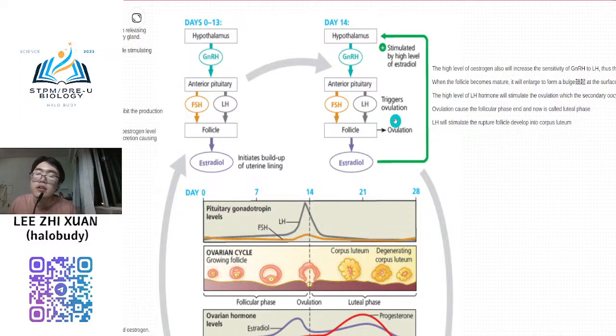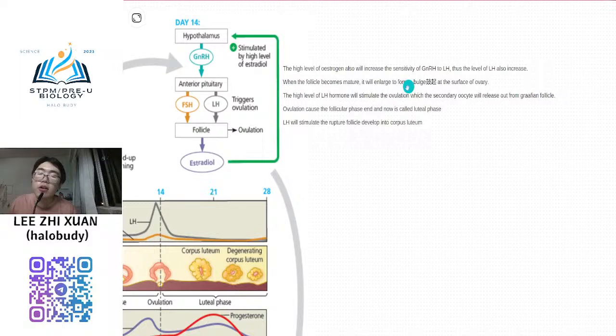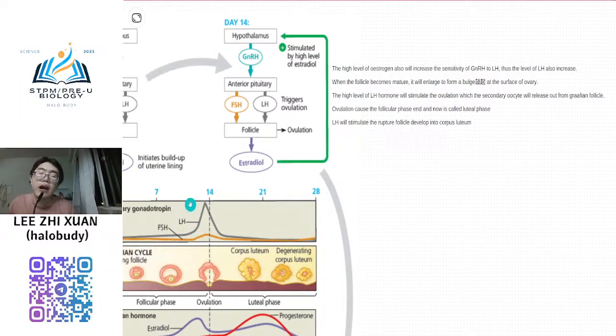The high level of estrogen will also increase the sensitivity of GnRH to LH, so the level of LH increases even higher than FSH. Okay, when the follicle becomes mature, it will enlarge to form a bud.